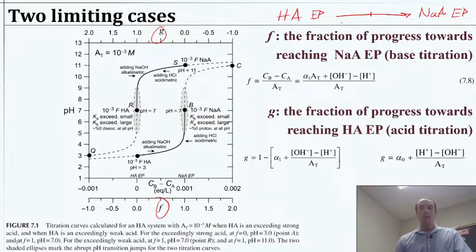So if this is all F, then this would be 0, 0.5, and once we reach that, that would be 1. Right? So that's what F is describing. We can go past the equivalence points. There's no problem doing that, or we could go negative. And so that's what we see here on the bottom x-axis for F. We see a 0 starting point here. These are the equivalence points for the two.